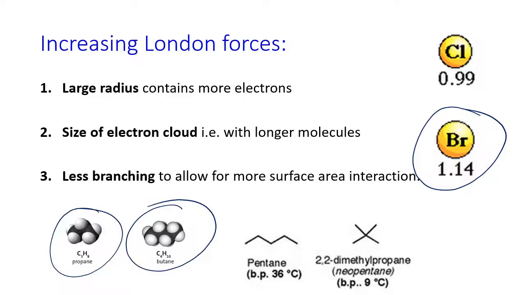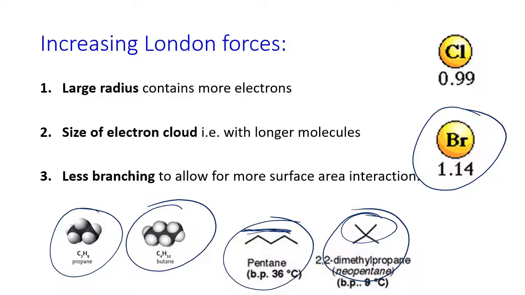So pentane should have a higher boiling point than its isomer 2,2-dimethylpropane, because it's a nice, reasonably flat molecule compared to this branched molecule, which means that there's not much packing, and this reduces the amount of London forces between the molecules. And indeed we see that, 36 degrees compared to 9 degrees Celsius.